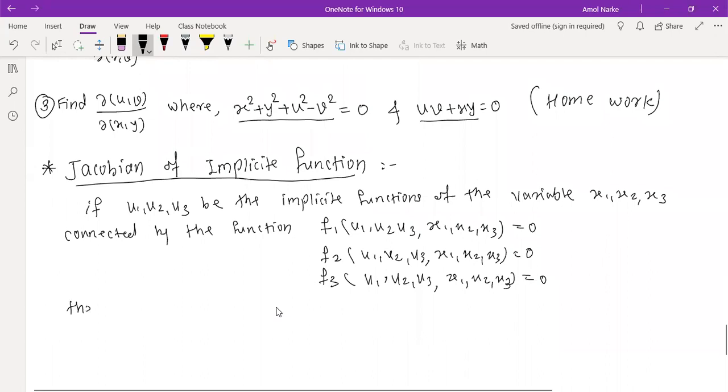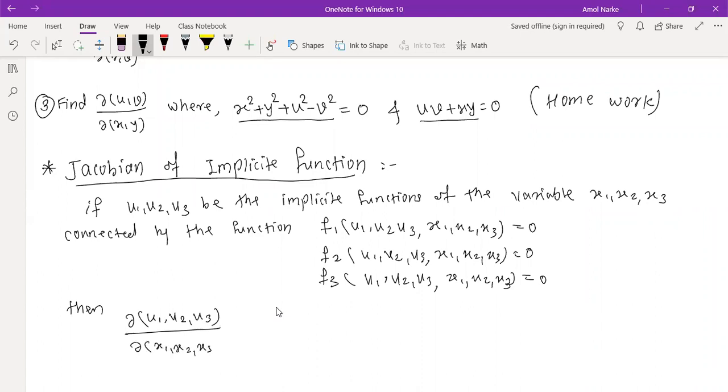Then the Jacobian of u1, u2, u3 with respect to x1, x2, x3 is given by -1 raised to n. Suppose here I am writing 3; if we have 2 variables, you can write 2 here.